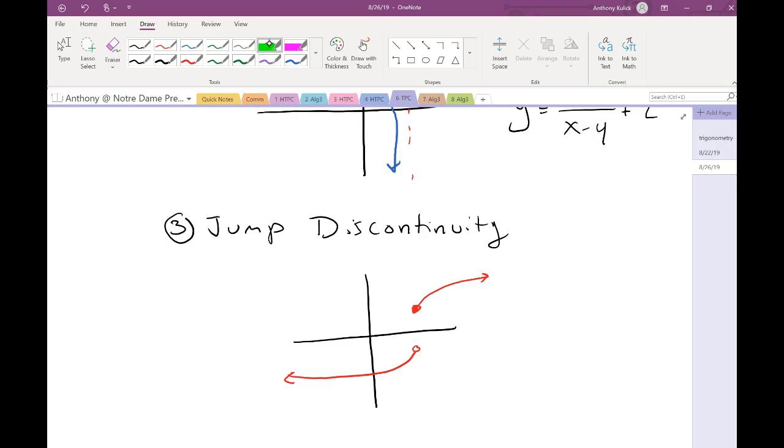The graph jumps up in value, like all of a sudden the point that you'd be expecting to see next has been vertically translated either up or down. There's a jump in the graph. Everybody okay with that idea?